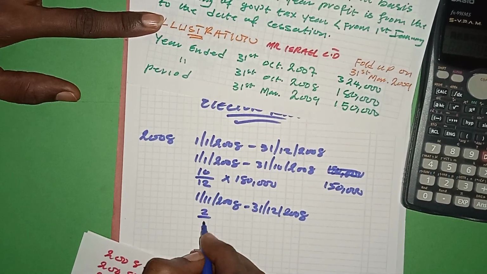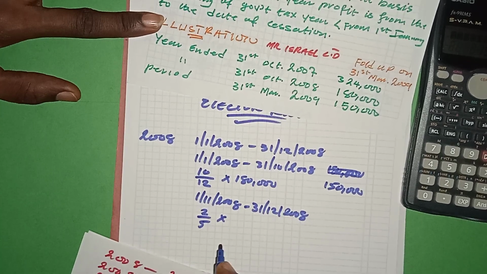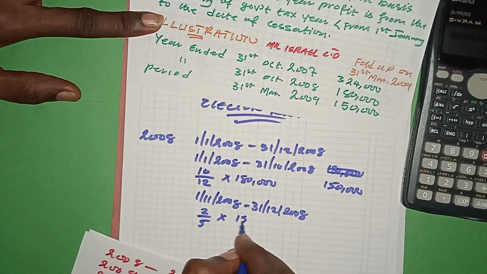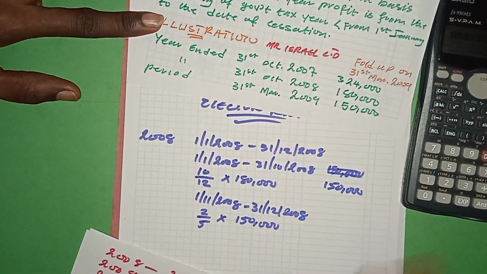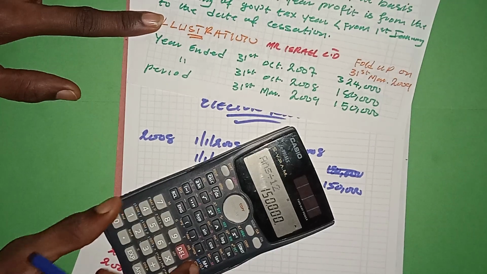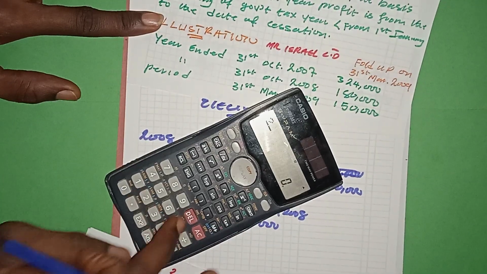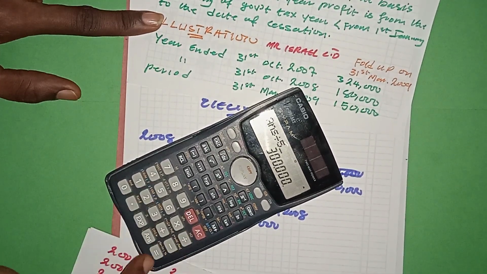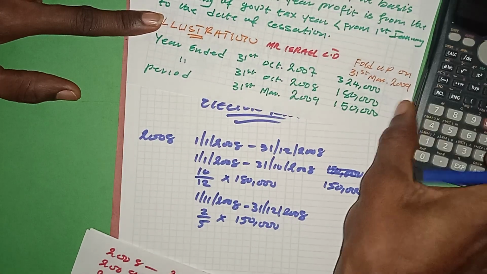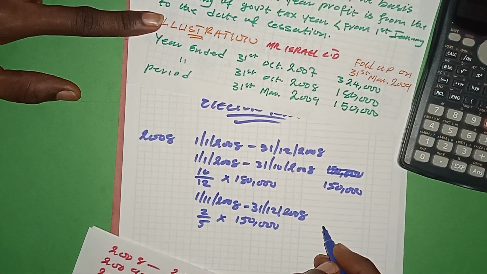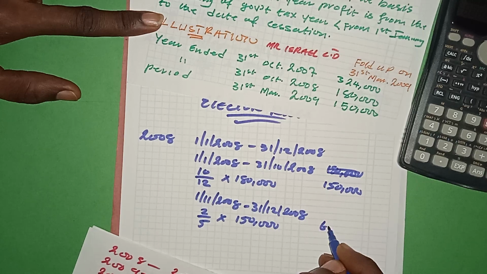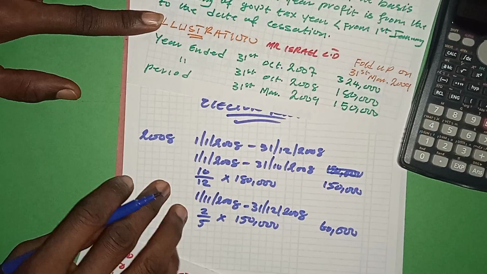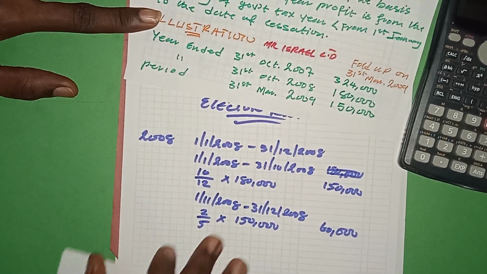They say 2 divided by 5 times 150. This will give you 2 times 150 divided by 5 months, 60,000. Noted? Good.